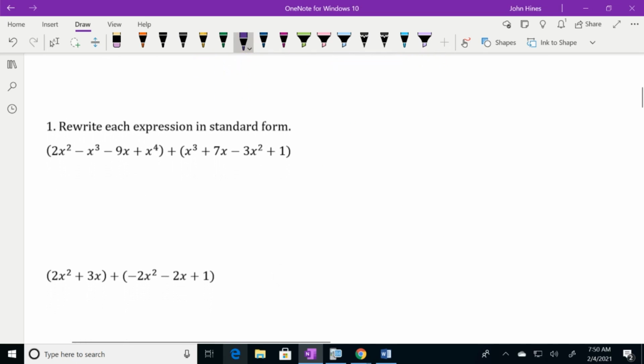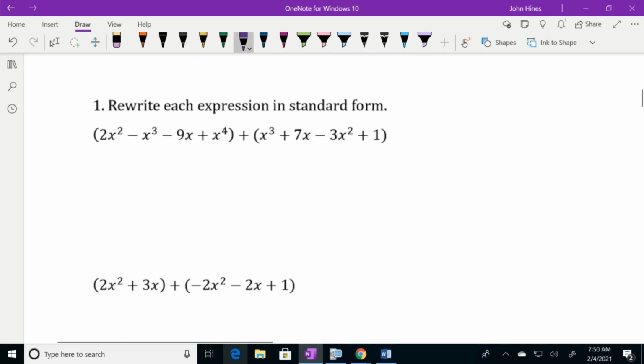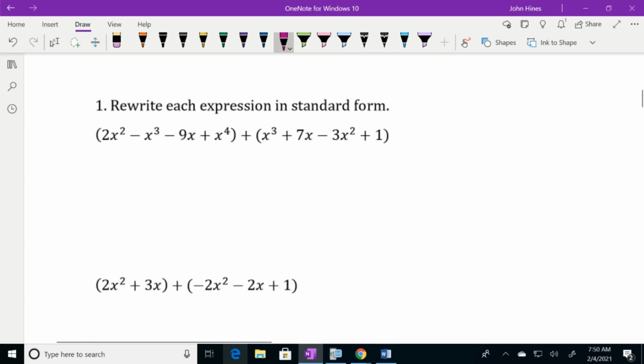So rewrite each expression in standard form. So stacking them on top of each other is great, but I kind of like to just look at it and find the sum. So I've got 2x squared. I've got -3x squared. So how many x squareds do I have? Well, 2 minus 3 is -1x squared.